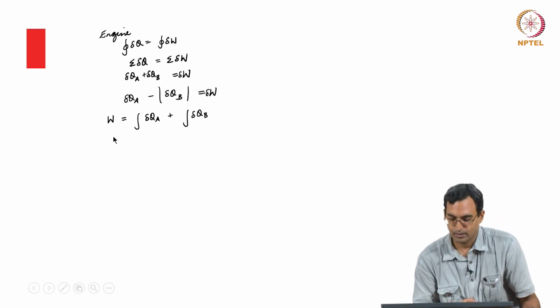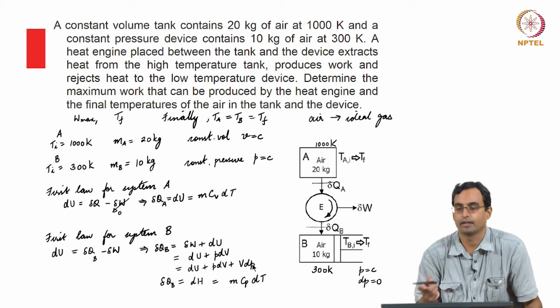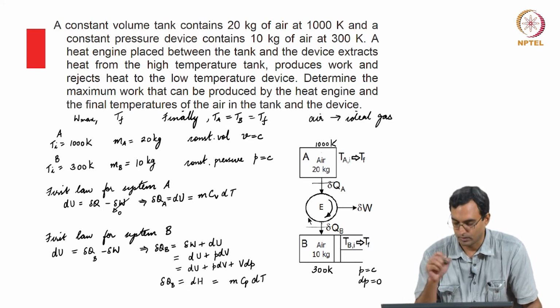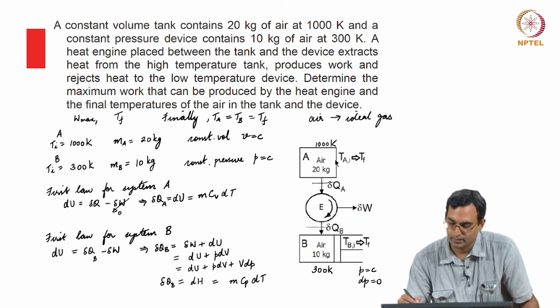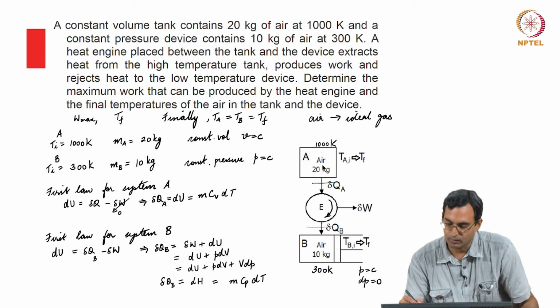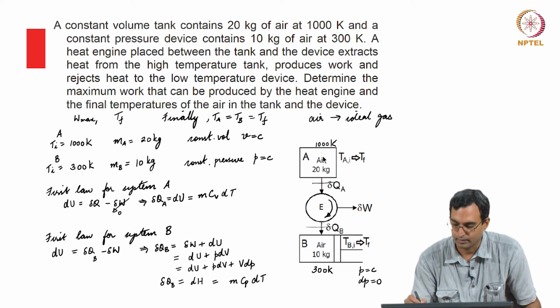So, what I need to be careful about is whether I have taken into account the negative sign already or not. So, here del QA is heat going out of the system, which is negative for this and it is positive for this.